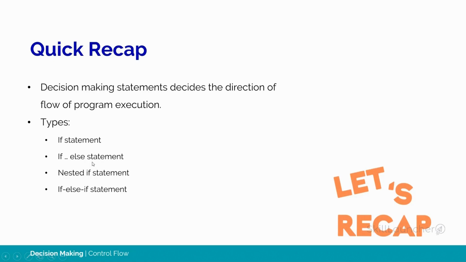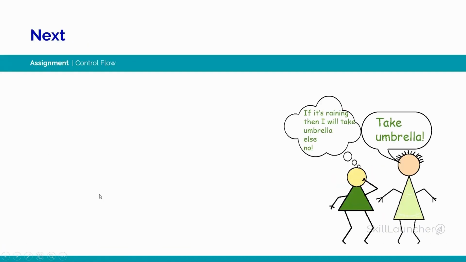If the condition happens to be false, then the else body is executed. Then comes the nested if statement, where one if condition is nested within another if condition. And then the if-else if statement is used when we have multiple conditions at a time. Next we have an assignment on control flow. We will have one problem statement which we will solve using decision making.